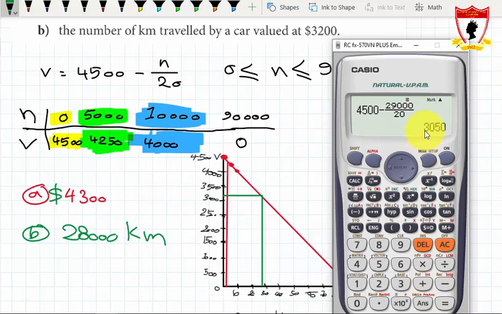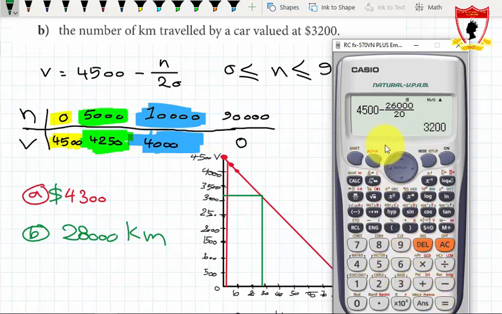We will get less, then it must be less than 28,000. Let's say 27,000. It's getting $3,150. It's even closer. Let's give a try to 26,000.